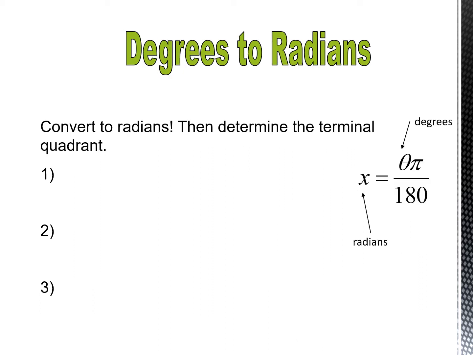There's also a formula to convert from degrees to radians. There it is. X, the radians, equals theta times pi divided by 180. All right, let's go ahead and use that formula to convert 180 degrees. Here we go.